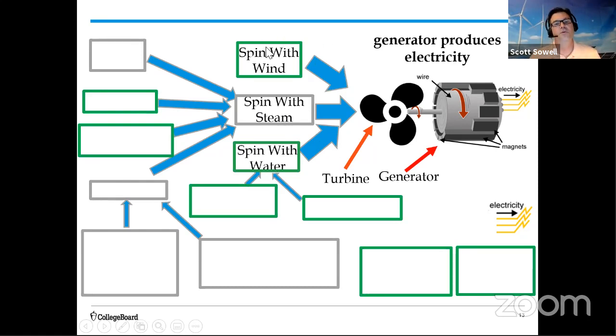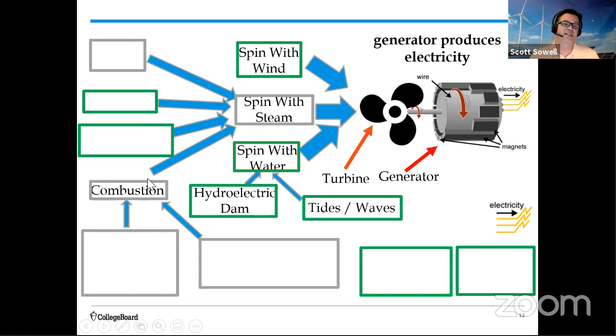Either one of these moving things, the moving wind, the moving steam, the moving water, can spin the turbine, which will rotate the generator, which will make electricity. We could also look at the 2 different ways to spin it with water. So we could use a hydroelectric dam, or we can use the movement of tides and waves to move the water.